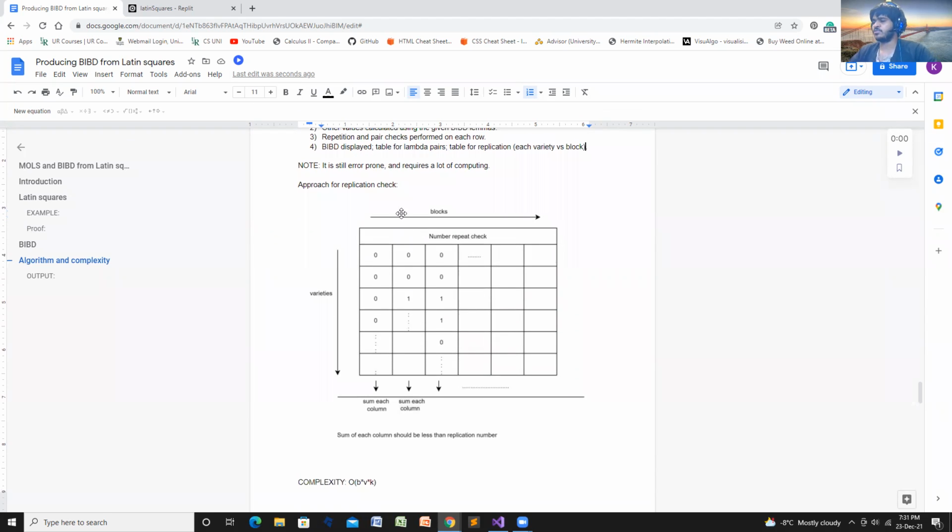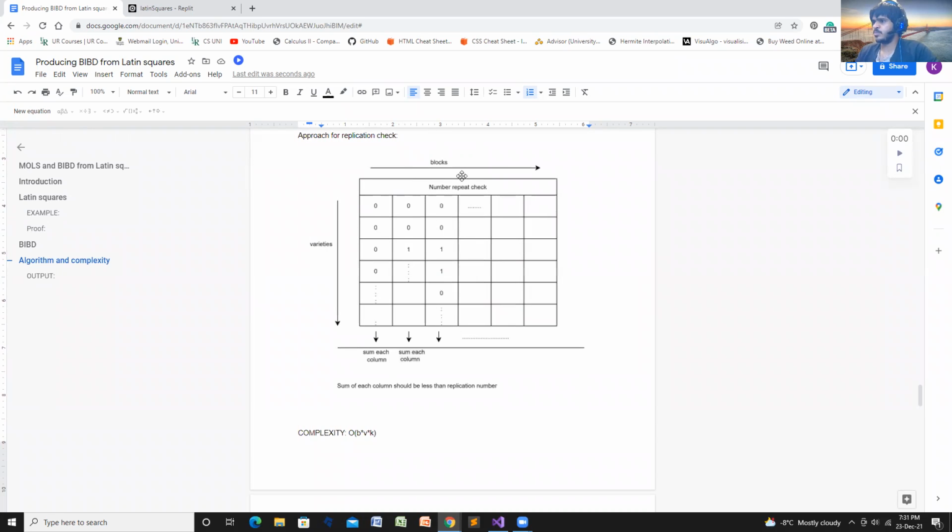So now looking at the tables, how will the replication table be formed? This is the approach for finding the replication number. A B by V matrix will be formed, or a V by B. It has B columns and V rows.